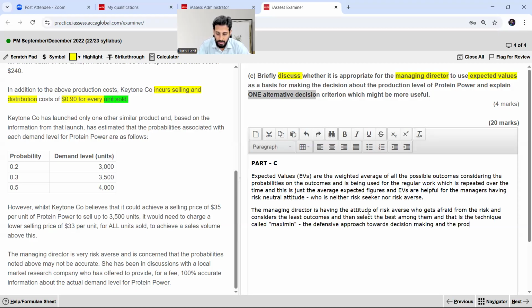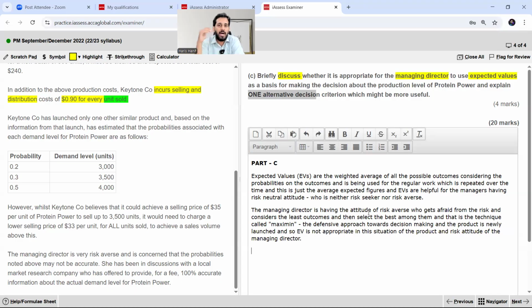And the product is newly launched, and so EV is not appropriate in this situation of the product and the risk attitude of the managing director, right? This is a very simple point.